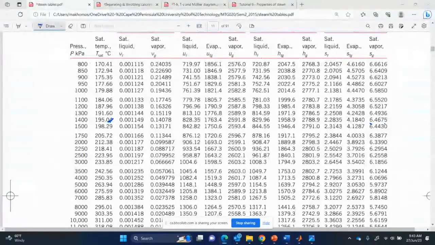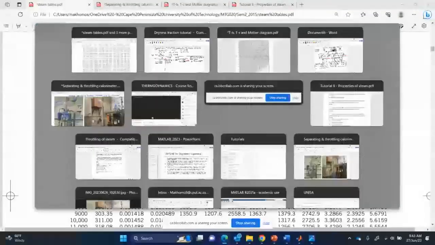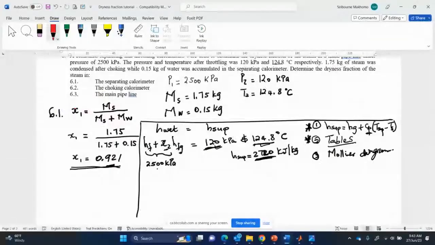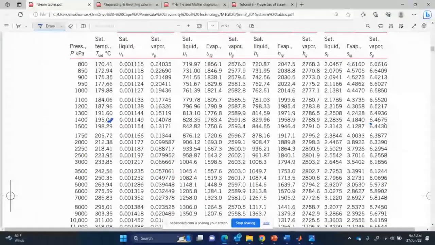961.87 plus X2 hfg at 2500. At 2500, hfg is 1840.1.